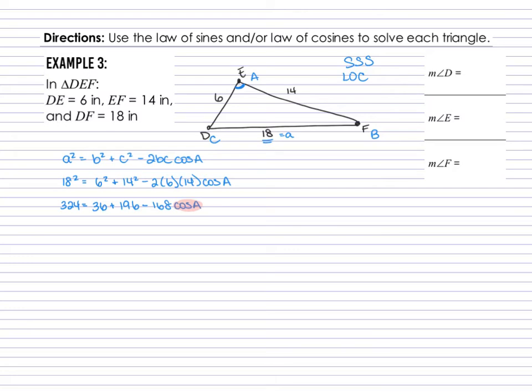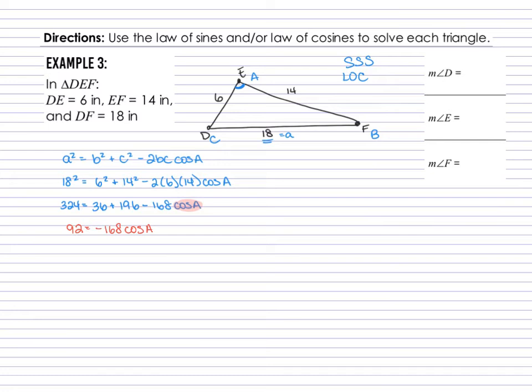So I'm going to subtract 36 and 196 from 324. That leaves me with 92 equals negative 168 cosine of A.